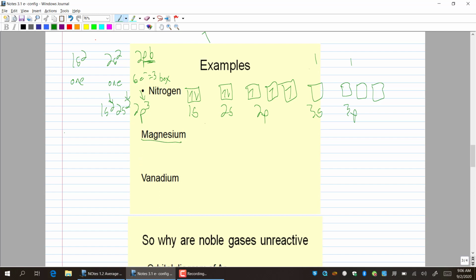I'm going to write magnesium's electron configuration: 1s2, 2s2, 2p6, 3s2. Now I'm going to do the other way you see it: 1s, 2s, 2p, 3s, 3p, 4s, and we'll see where it goes.